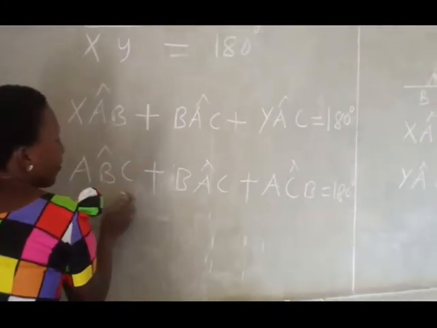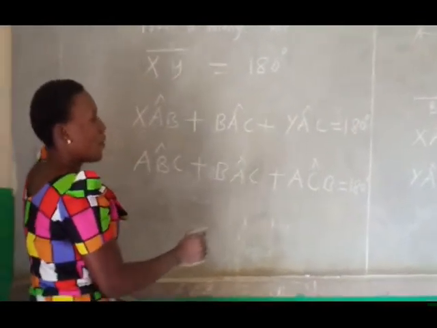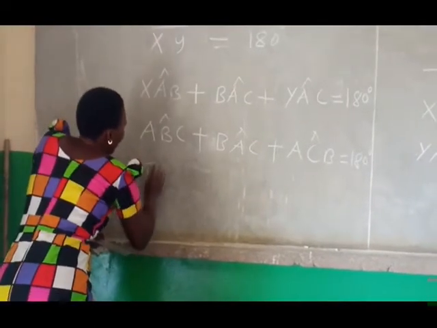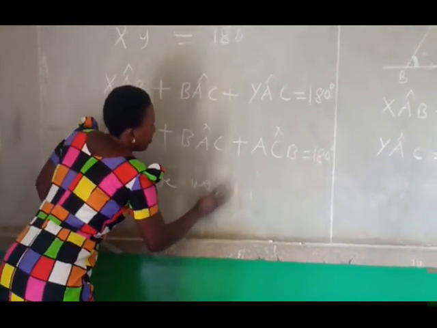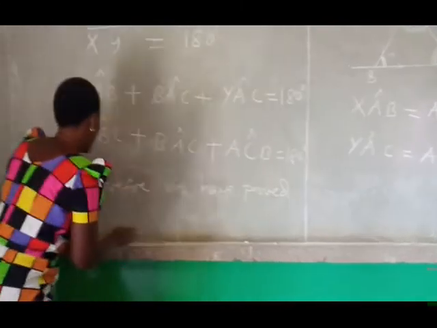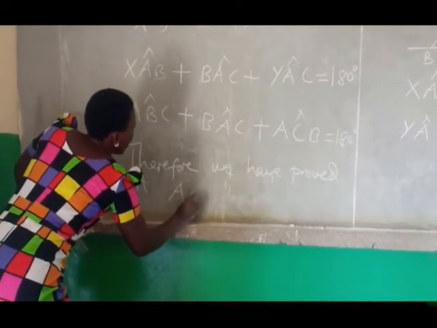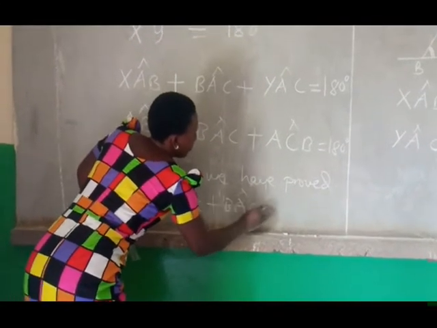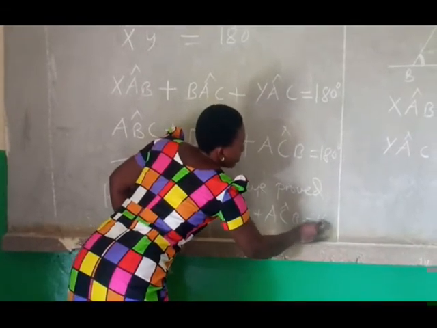Thereafter, we said that the interior angles of any triangle should have 180 degrees of measure. Therefore, we have already proved that the angles ABC plus BAC plus ACB is equal to 180 degrees.